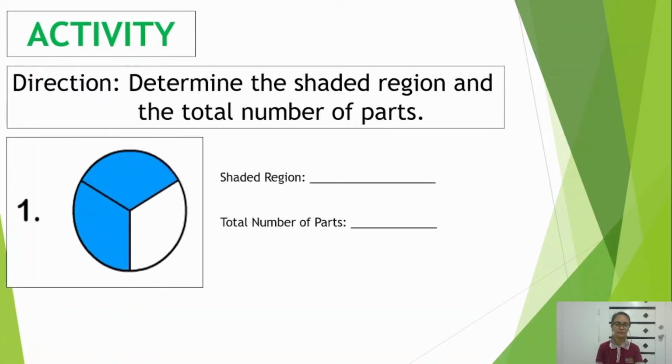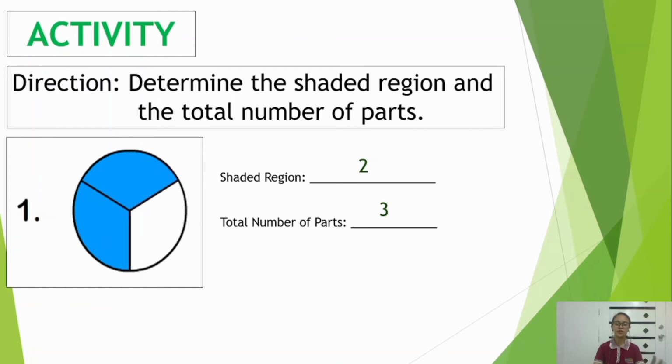Number 1. How many parts are the shaded region? How many is the shaded region? And how many is the total number of parts? So based from the figure, the shaded region is 2. The blue one, the shaded part is the blue one. And the total number of parts is 3.